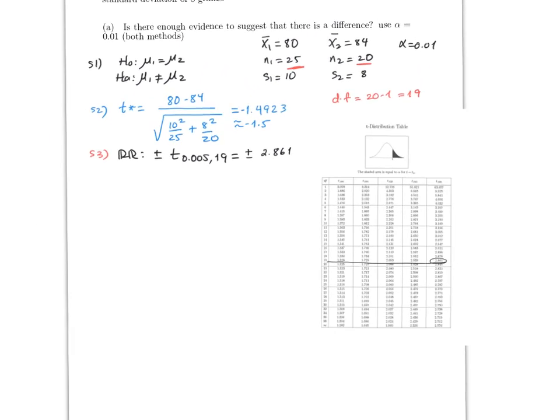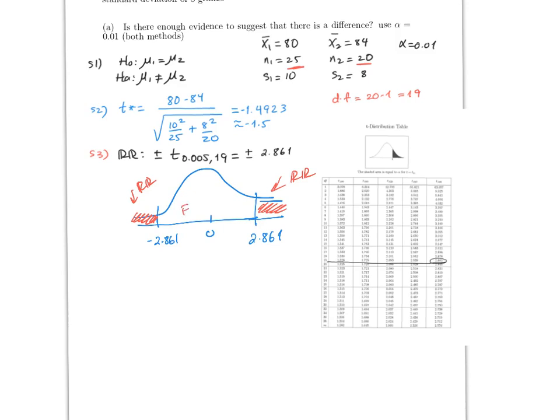So then you draw the rejection region, just like we have done before. You have 0. This is minus 2.861, 2.861. So again, you're here, you'll reject it. You're here, you'll reject it too. So this is the rejection region.